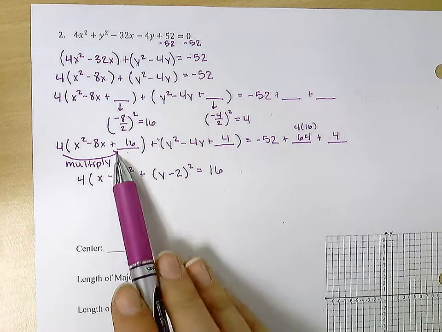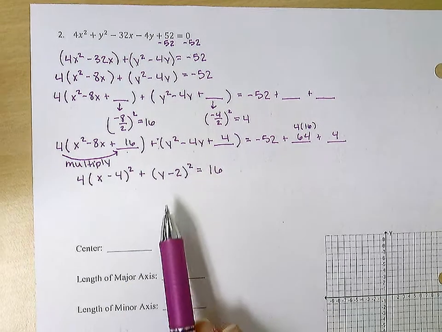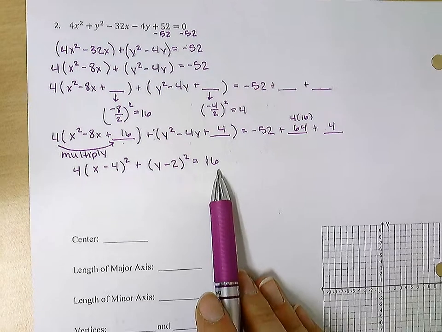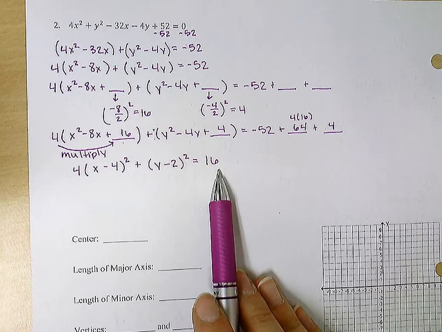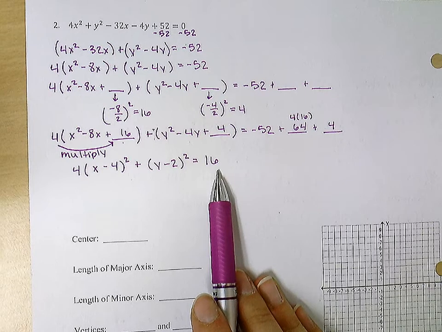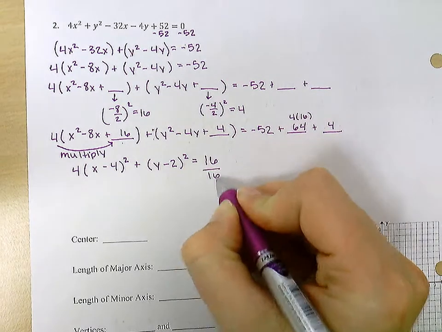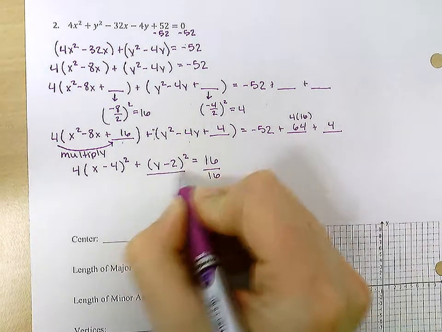Okay, so I just factored both of those larger quantities into a quantity squared. From here, what should I do with this 16? What does that have to equal? 1. That means I need to divide by 16.